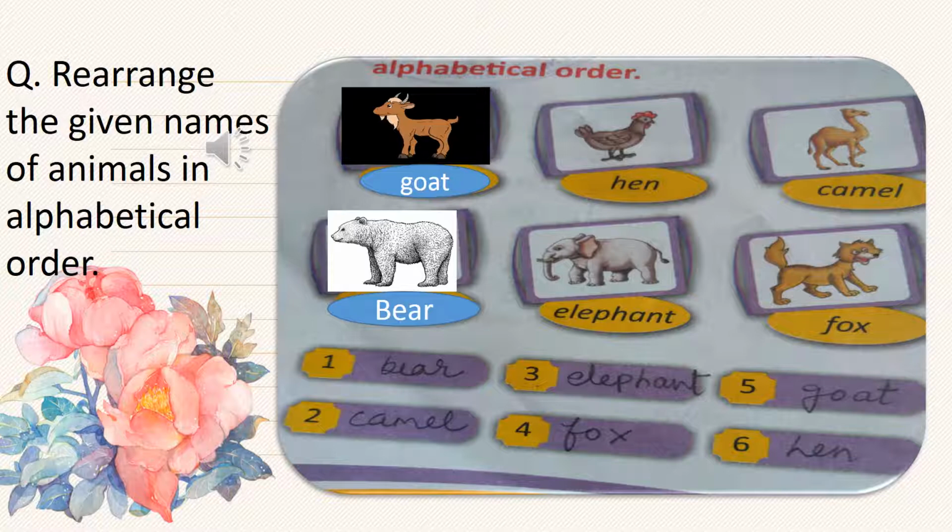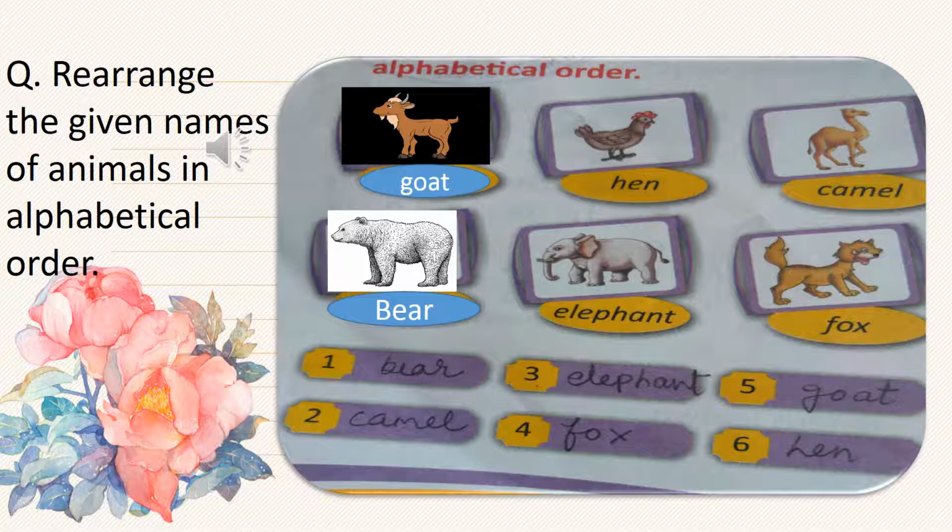Even your roll numbers in the classrooms are decided by the first letter of your name. So these are based on alphabetical order. Alphabetical order is the way the letters are arranged in the English language, those 26 letters, what comes before and what comes after. So this exercise is based on alphabetical order.